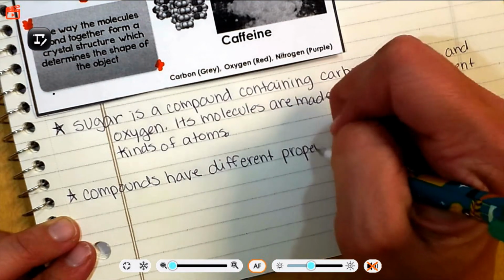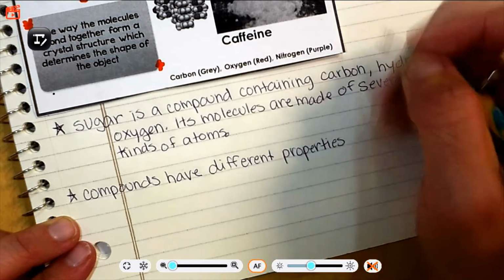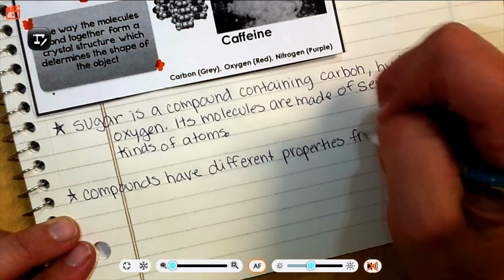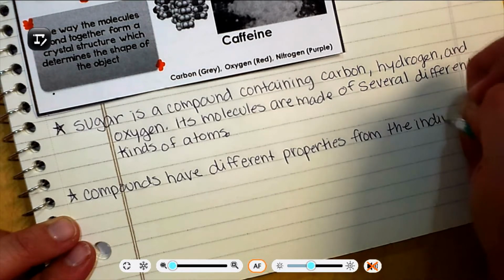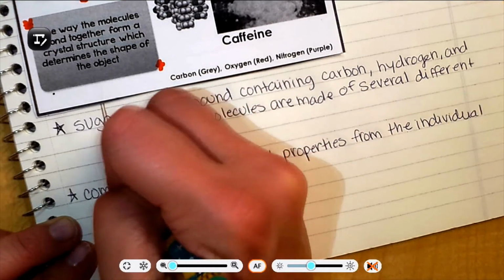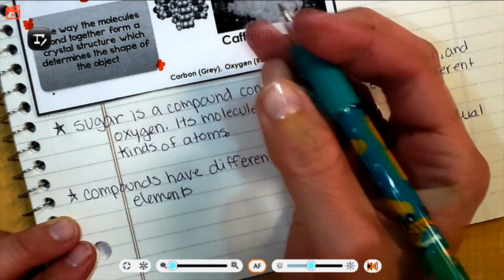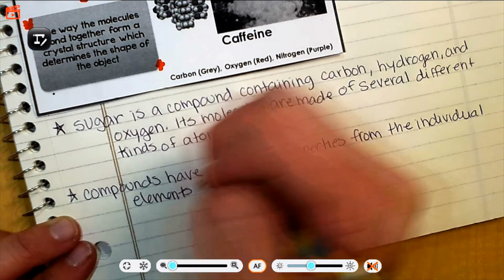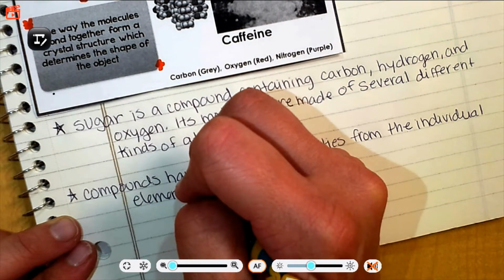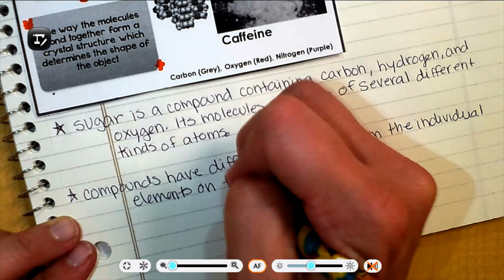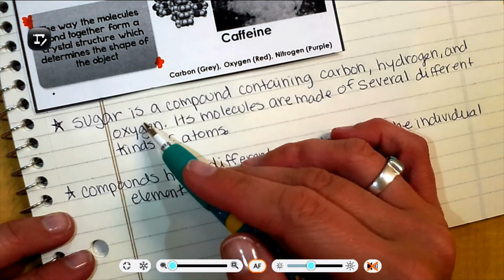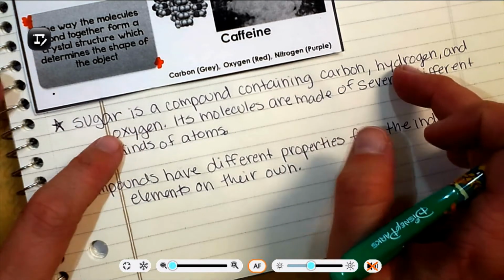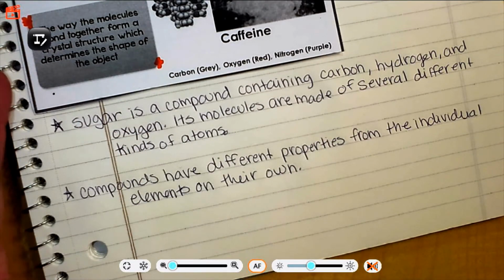That means they look different, they smell different, properties from the individual elements on their own. So hydrogen by itself, carbon by itself, and oxygen by itself all look different. But when they form in the right combination, they look like sugar. They have the properties of sugar.